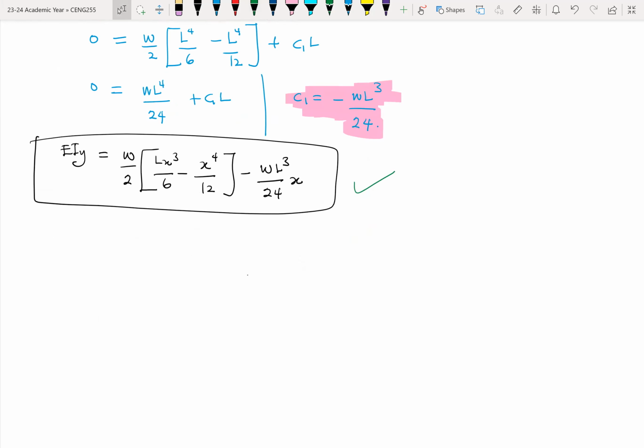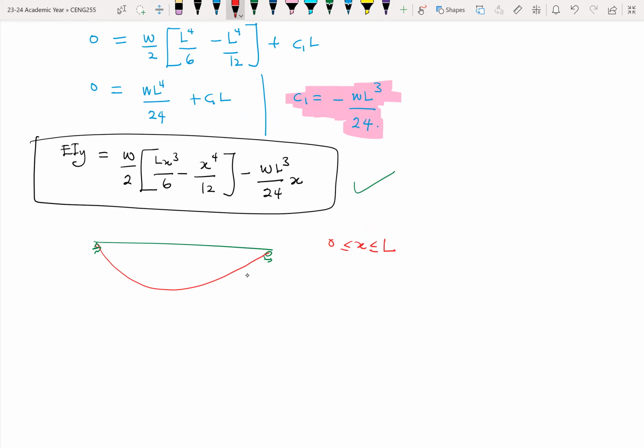So what it simply means is that if this is your beam, when x changes from 0 to L, when x is 0, if you put x into this equation, you get a value for y.